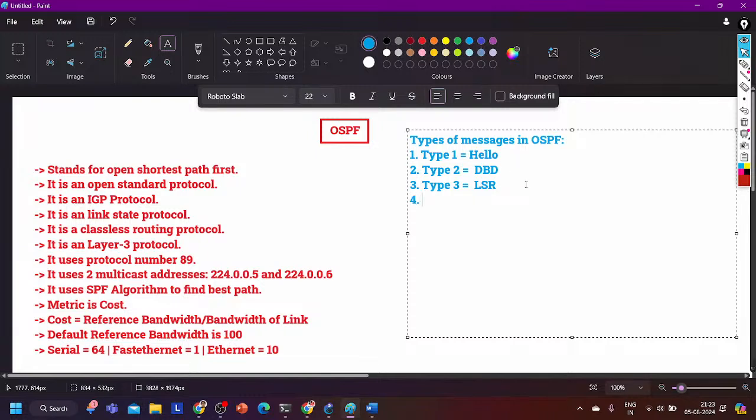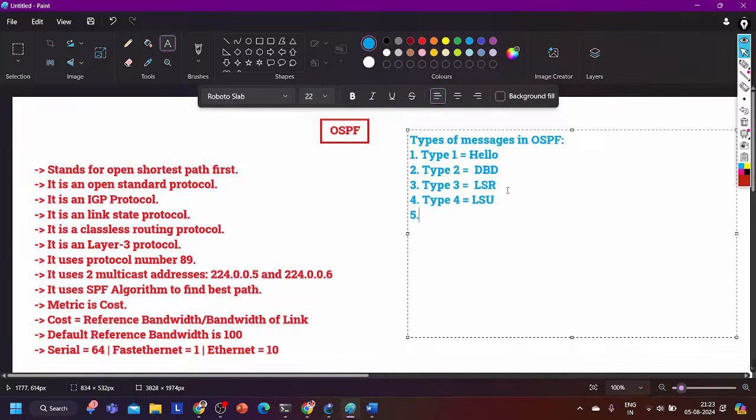Don't worry, we are going to learn the use of all these messages, like EIGRP. In EIGRP you know the use of each message. In the same way here you need to learn the use of all these messages: hello message, DBD message, LSR message. Then the type 4 message is the LSU message, link state update message.